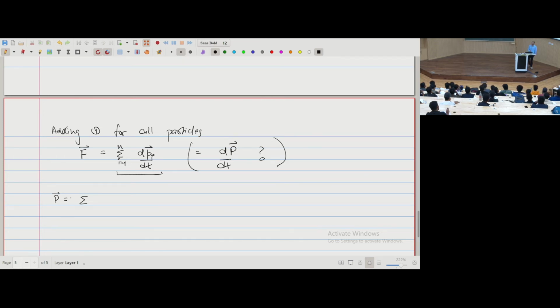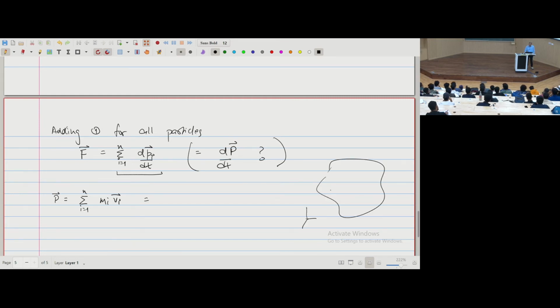So what is the total momentum of a system? The sum of the contribution of the momentum from the individual particles. So that's m_i v_i added over all the particles.